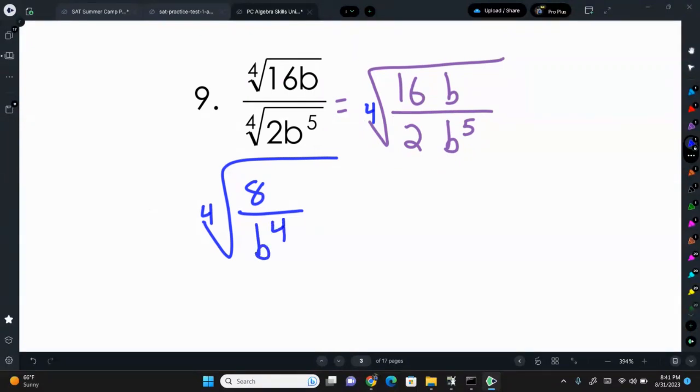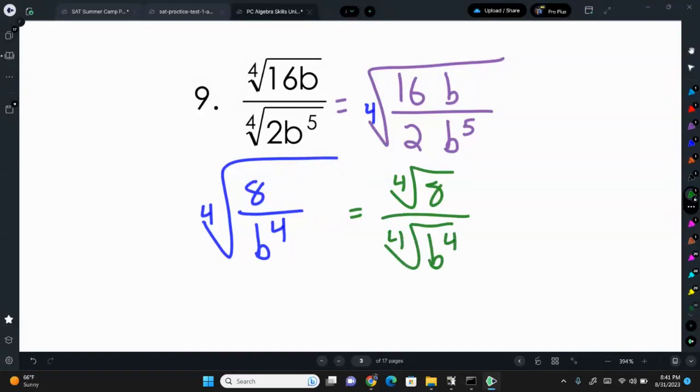The bigger number was in the denominator, so we leave it down there. So now we can do the 4th root of 8 over the 4th root of b to the 4th. The nice thing about the 4th root of b to the 4th is that the 4th root and 4th power cancel, and we are now left with the 4th root of 8 over b.